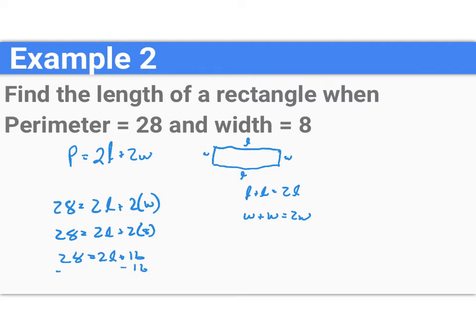Subtracting 16 from both sides gives us 12 equals 2L. Divide both sides by 2. And then the L becomes 6. So the length is 6, and the width is 8, and you can always plug it back in. 2 times 6 equals 12, plus 2 times 8 equals 16, and 12 and 16 give us 28. So it works.